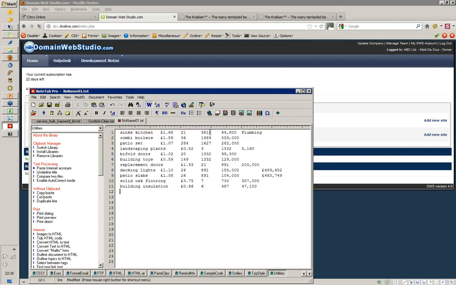What people are looking for here are kitchen sinks, boilers, patio sets, landscaping plants, bifold doors, building toys, replacement doors, decking lights, patio slabs, solid oak flooring, and building insulation. Out of the majority of the stuff that came back from this list, it's all maintenance and upgrade stuff, which is very interesting because that's what Sue said yesterday. She made a note about this.